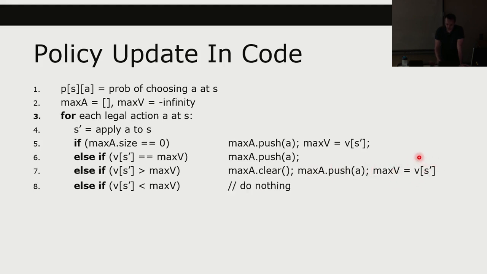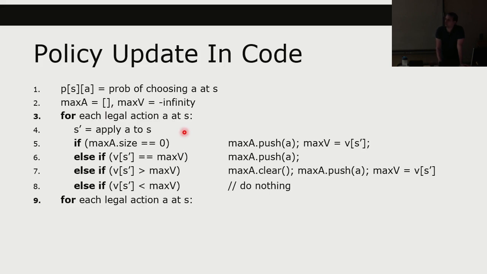And the last case is where I have a value that is less than the current maximum, in which case I don't need to update anything. If it's not a new maximum or equal to the current maximum, then I don't need to do anything, it's just worse. Okay, so now what I have is the value of the maximum, and all of the actions that produce the maximum.